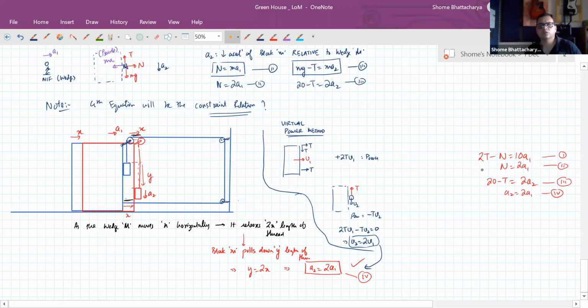So what we can first of all do is substitute this here. So this equation now becomes 2t minus 2a1 is equal to 10a1, or 2t is equal to 12a1, or t is equal to 6a1. Now substitute this in the third equation.